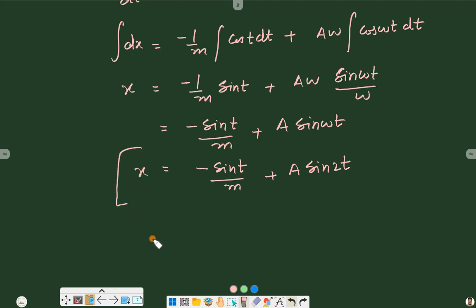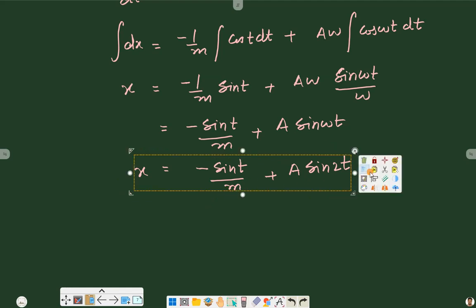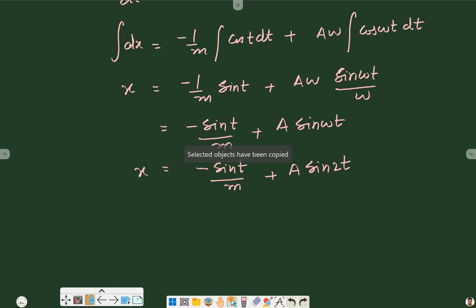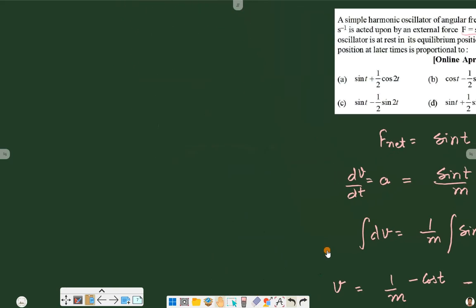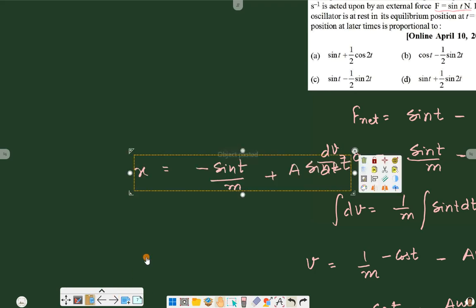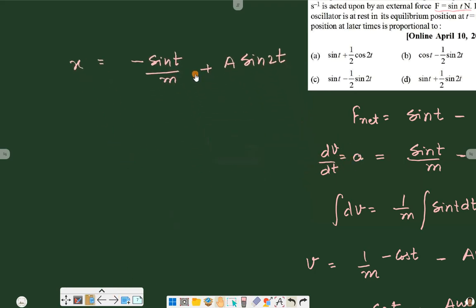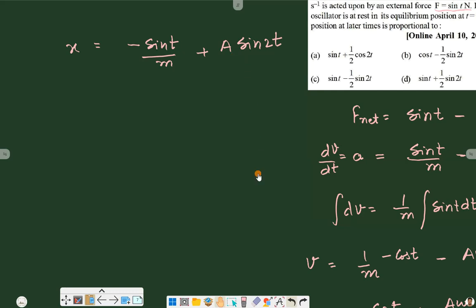Now let us copy this, so we can compare it with the answer, and if you have some other form, then we can adjust this accordingly. So copy it, and let us paste it here. We have here all the options. Now in our answer, both of them are sine.